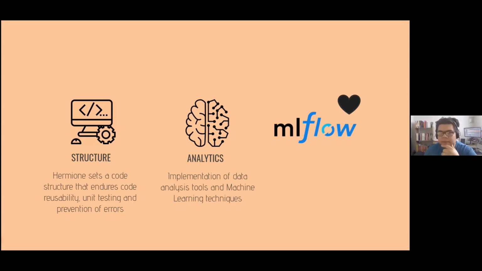But what happened with MLflow is that we needed, so Hermione is a structure that must allow you to build on top of her. So it cannot be something so big that instead of making your life easier, it ties you down.